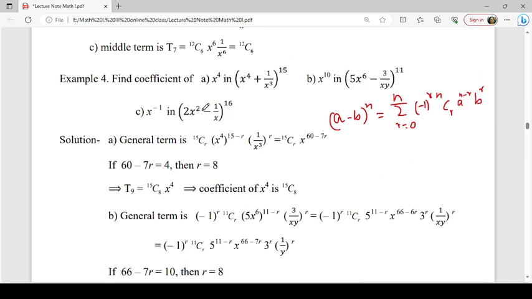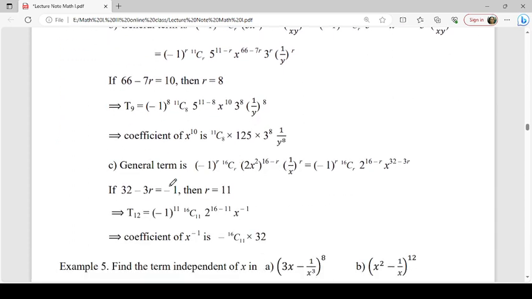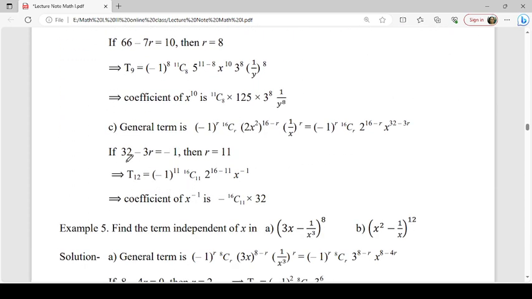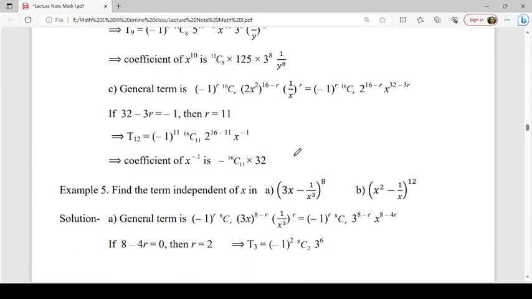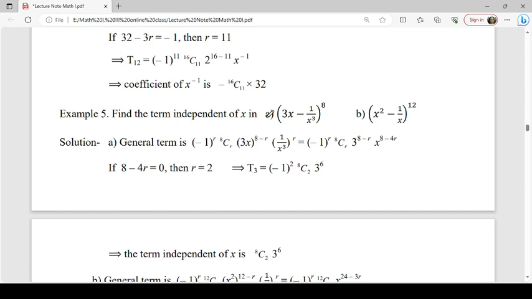Similarly this one, x to the power minus 1. So here we should write 32 minus 3r, this should be equal to minus 1, and after simplification we can find r equal to 11. This is of same type.